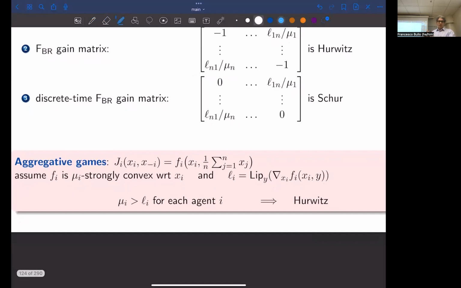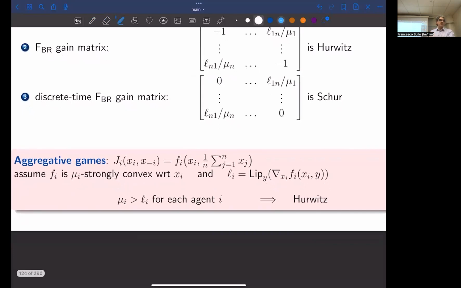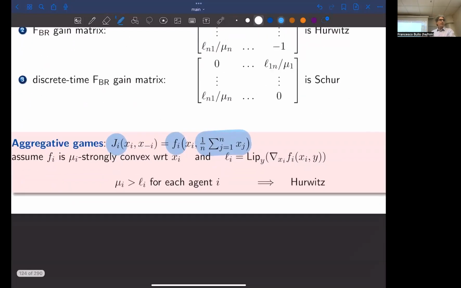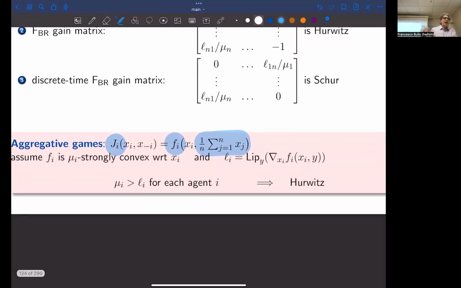For example, people typically just do the sum of all of the energy requests. Whether you do the sum or you do the average, it's the same, right? Because you're just summing the other requests. So here, basically, J_i is lowercase f_i. Doesn't matter the choice of symbols, but it doesn't depend upon x_{-i} in an arbitrary way. It depends upon it only through the aggregate demand or the average demand.